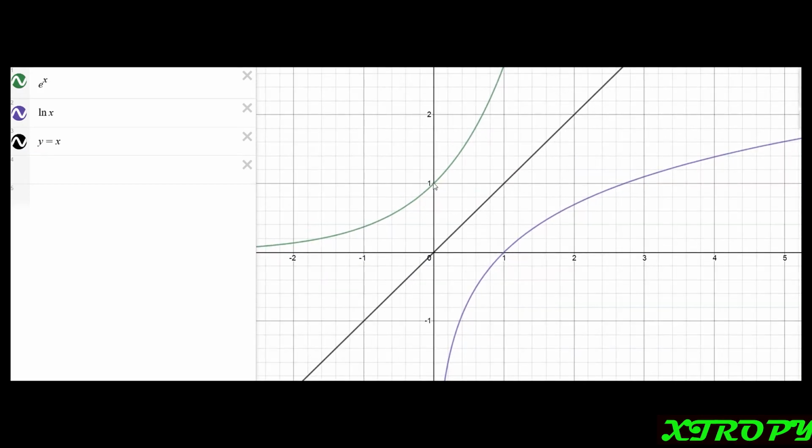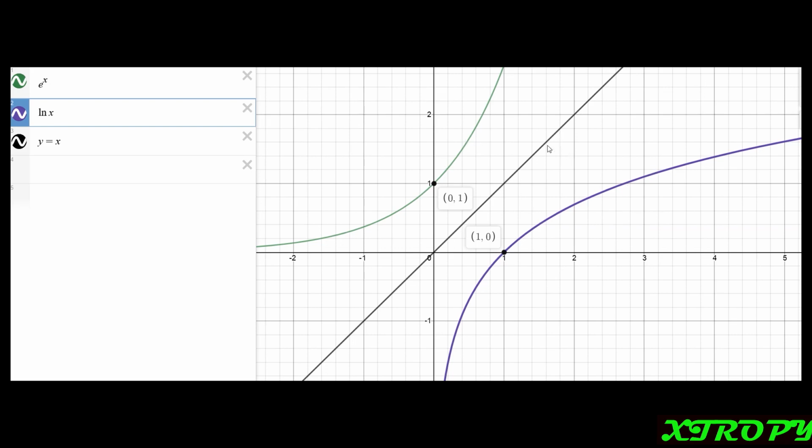Let's zoom in and consider a point. Suppose this point is (0, 1), right? It is lying on the curve e^x. Its exact mirror image, if you move, is this one. And what is this point? Yes, it's (1, 0). See, (0, 1) and (1, 0) are the mirror images of one another.